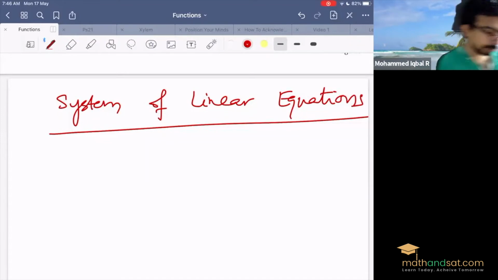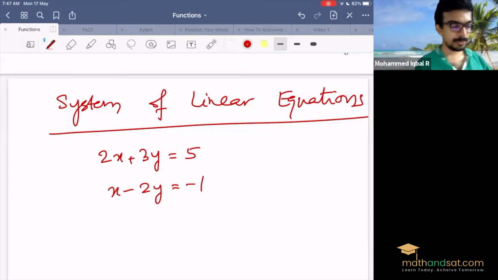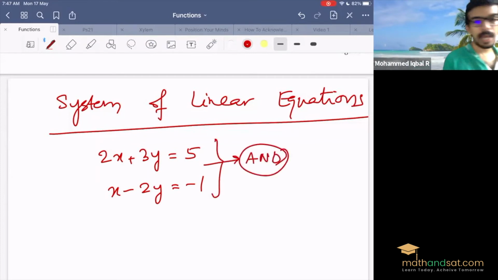So if somebody tells you 2x plus 3y is equal to 5 and x minus 2y is equal to minus 1, this simply means that they are connected by and, even though nobody has written and there.